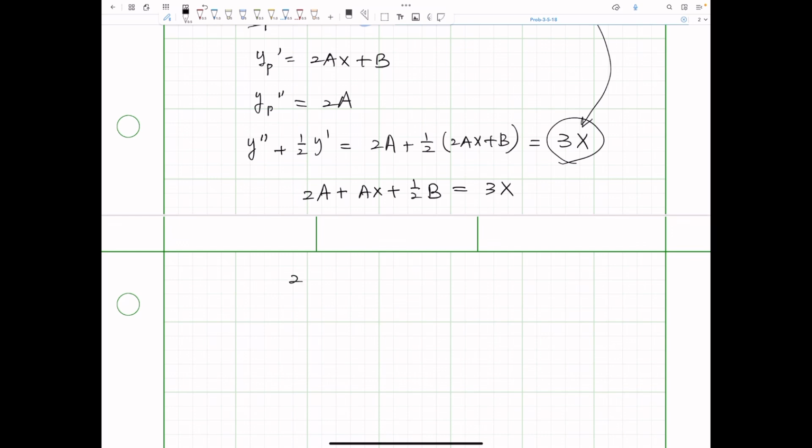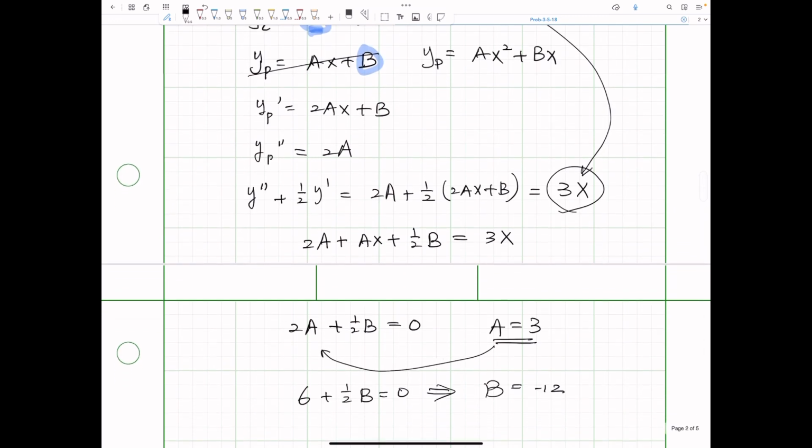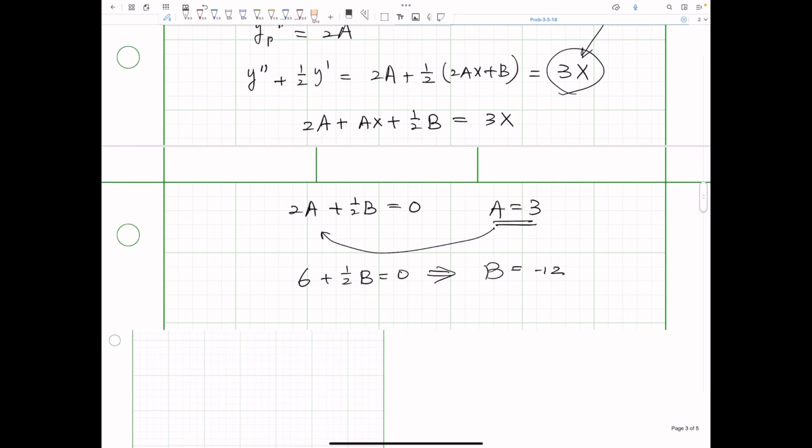That means we have 2a plus 1 over 2 b, the constant term, should be 0. And we have ax, which has to be 3x. That means a has to be 3. So you plug it in here. That means 6 plus 1 over 2 b equals 0. We have b equals negative 12. Yp we have here, ax squared plus bx.